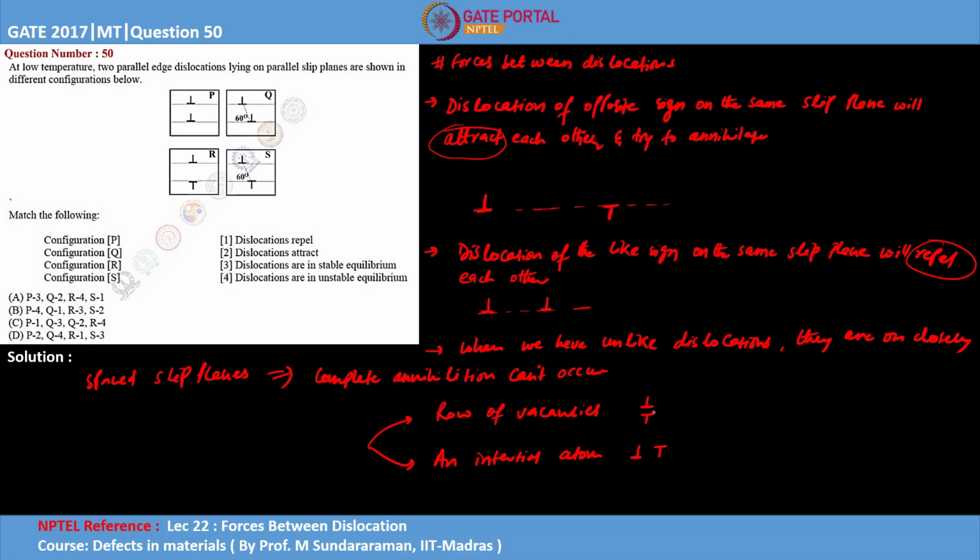So this signifies that a row of vacancies will be formed here, and for an interstitial, this extra half plane and extra half plane will give you that interstitial atom in the three-dimensional configuration, right?